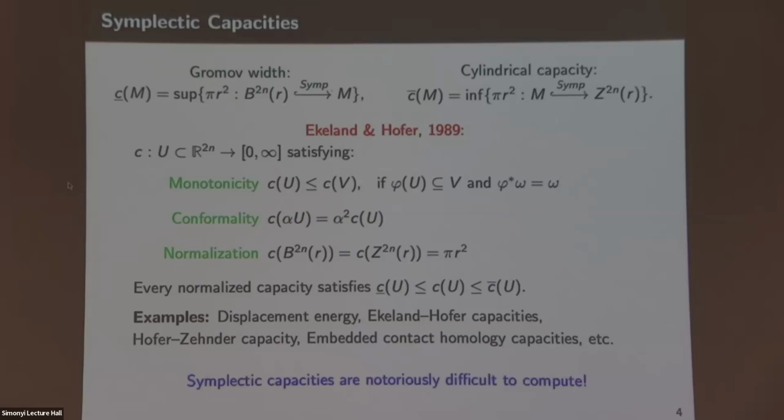While symplectic capacities are fun, their main problem is that they are very hard to compute. For a general manifold, we don't know how to compute most of its capacities, and there's still a lot unknown.